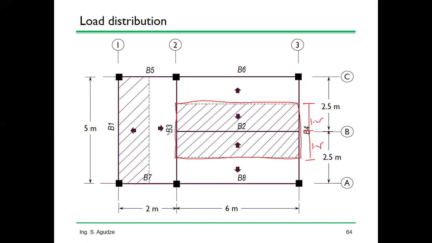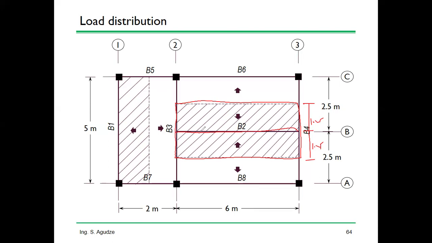So the area is simply 6 meters times 2.5, because 1.25 plus 1.25 is 2.5. And that will give us 15 meters squared. If you multiply the slab design load by 15, we'll get the total load. Then we simply divide by the span of this beam from here to here, 6, then we get the UDL.